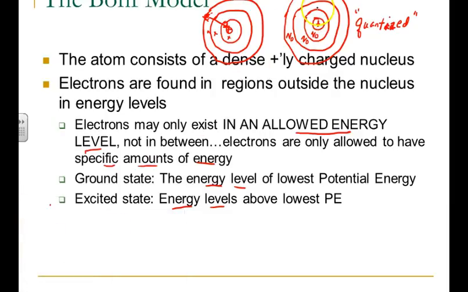This, for instance, would be energy level 1. This would be energy level 2, energy level 3, 4, 5, and so forth. When we look at Rutherford's model, there were no specific energy levels. The electron could be anywhere from here to here, and actually out further than this as well.